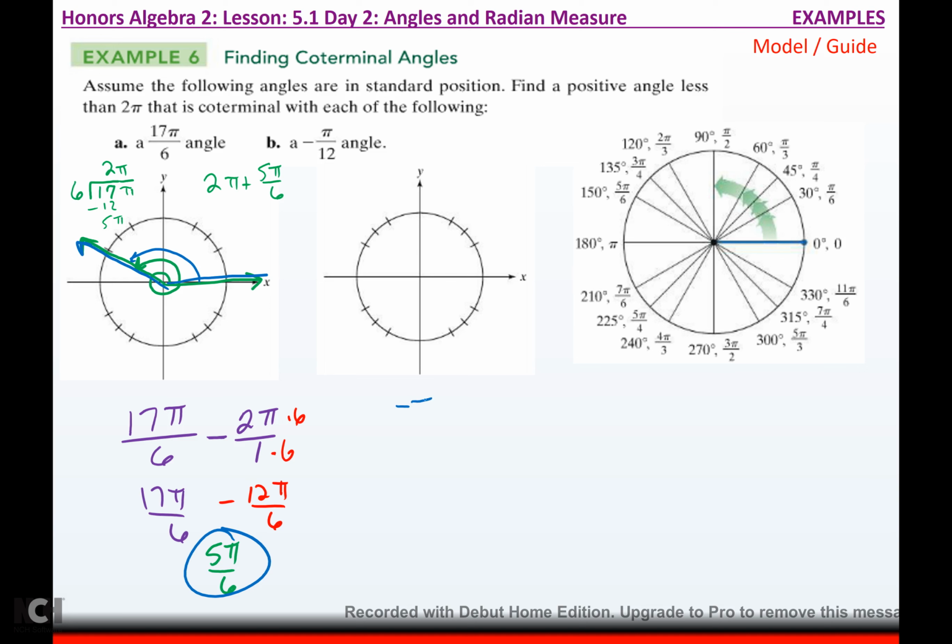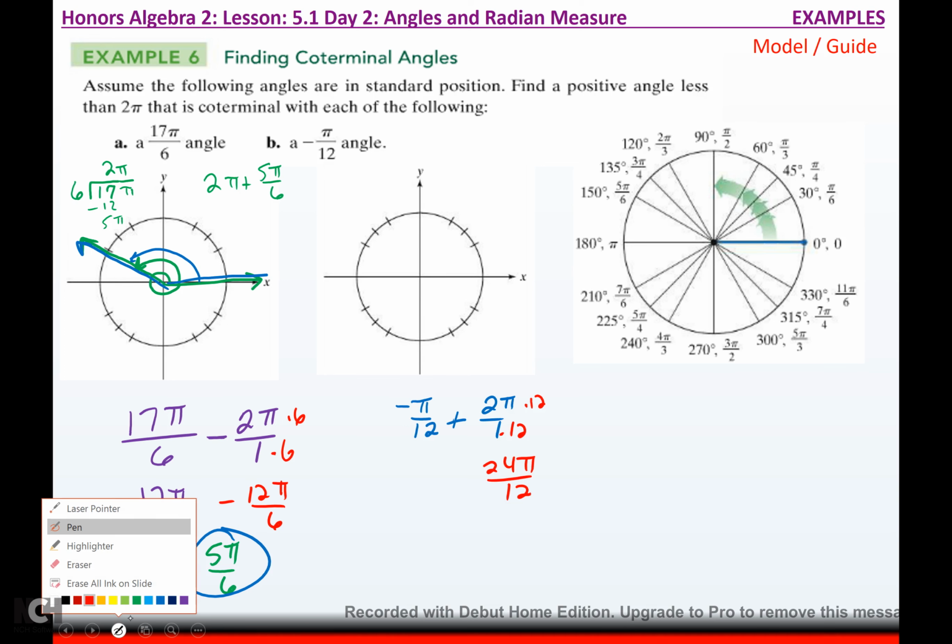So if you have a negative pi over 12, and that's not in my unit circle, how are we going to graph that one? Negative pi over 12, if I want to get a positive coterminal angle, I'm going to add 2 pi. To get a common denominator, I'm going to multiply by 12, which would give me 24 pi over 12.